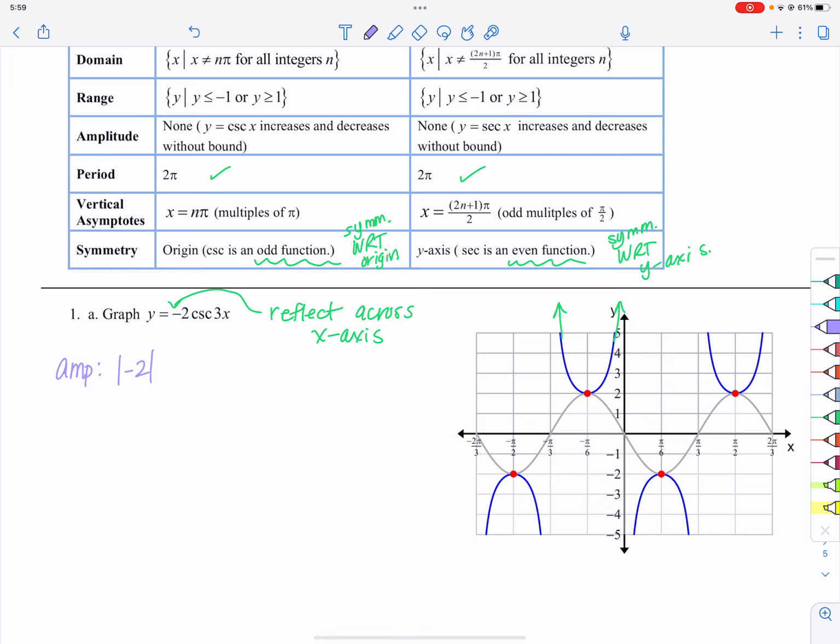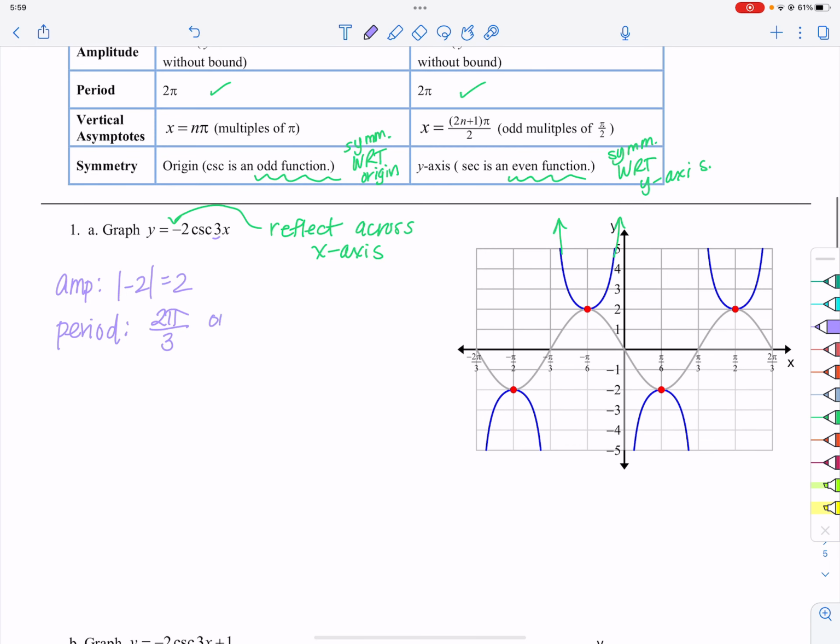That's the absolute value of -2, so that's equal to 2. The period, again, we'll take 2 pi and divide it by b, which is 3. So we will have one complete cycle between 0 and 2 pi over 3.